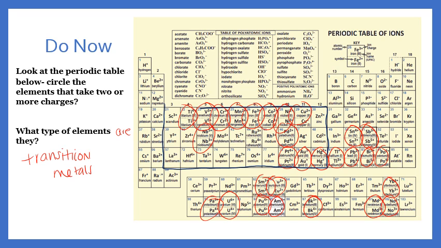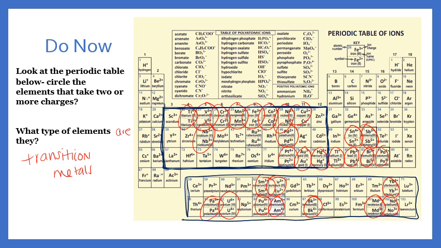We're going to start venturing into this uncharted area, all right? So these are the transition metals. Most of them are transition metals. That includes this group here as well. This group are also transition metals. And then we have just a few that sit outside in the metal zone. Okay, but mostly these are transition metals.